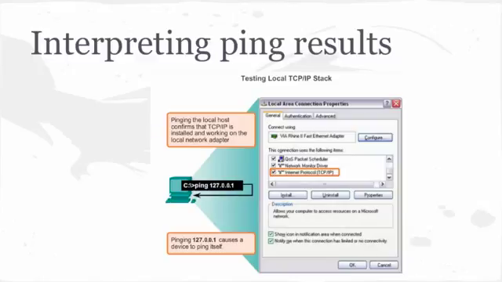The most common indicators are an exclamation mark, which indicates receipt of an ICMP echo reply message; a dot, which indicates a time expired while waiting for an ICMP echo reply message; and a capital U, which indicates an ICMP unreachable message was received.